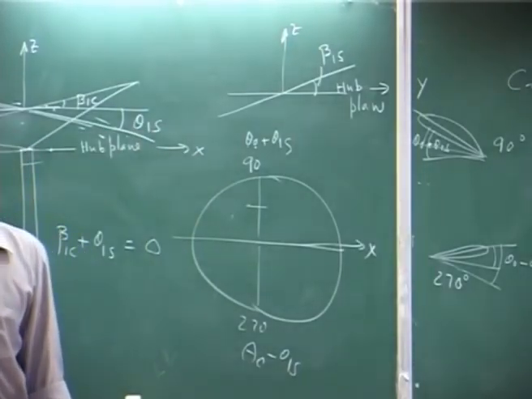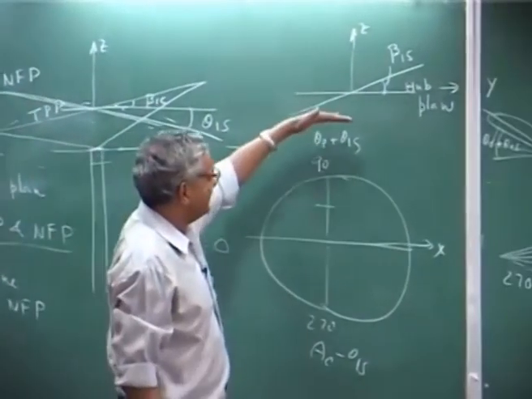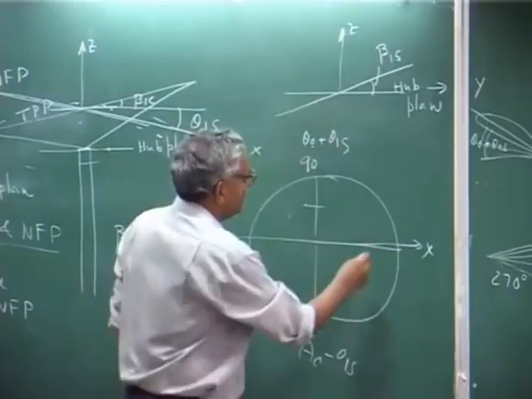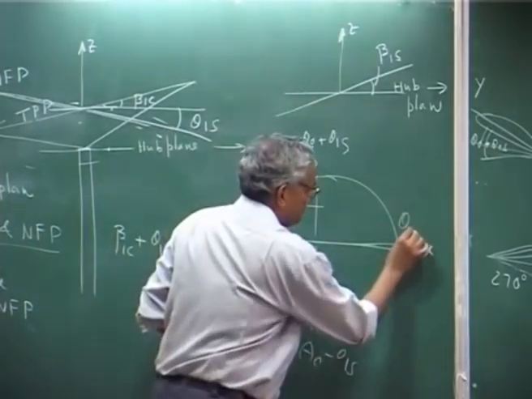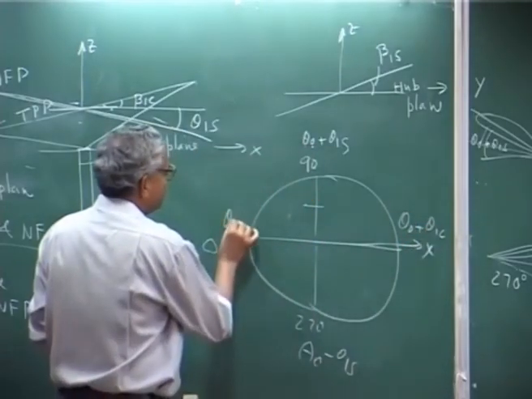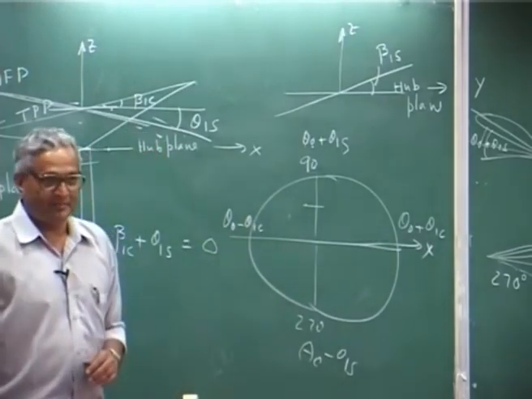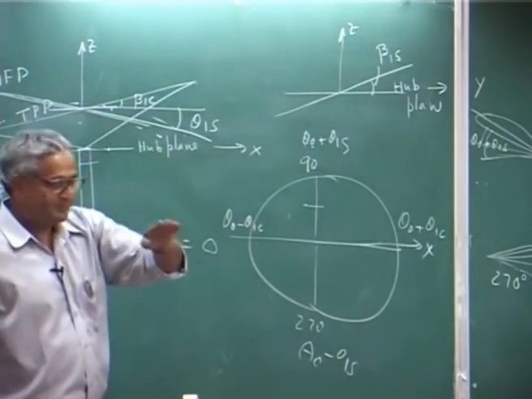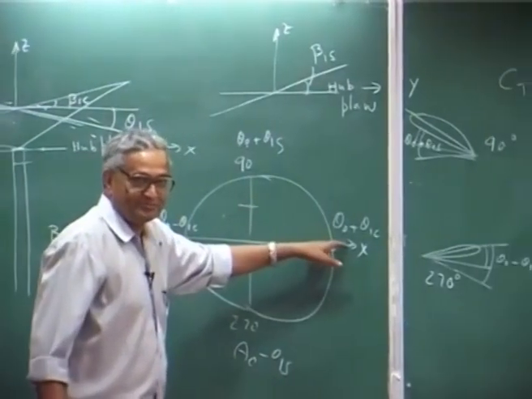And theta 1c will be, because you are looking this way, here you would have added theta naught plus theta 1c, here it is theta naught minus theta 1c. Okay. So, you will tilt the plane like this, because it is more pitch angle.